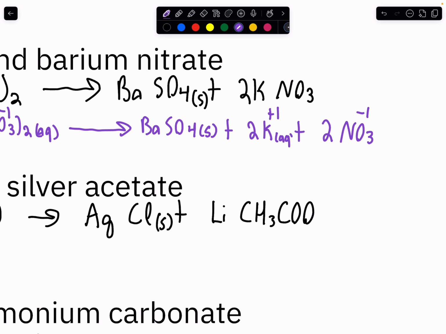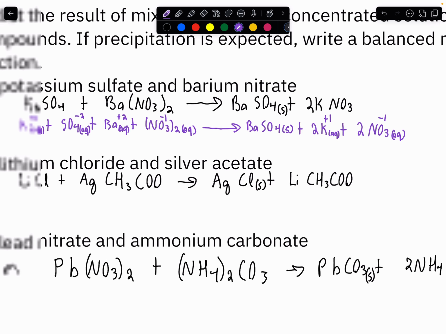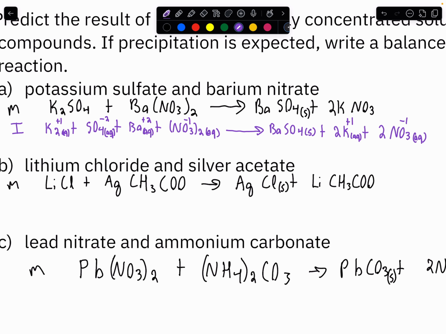Don't forget the aqueous. These technically could be gaseous or aqueous. I'm going to keep them as aqueous because, as we said before, we can't cross out different states. Aqueous just means it's in a liquid form, but gaseous means it's in a gaseous form.